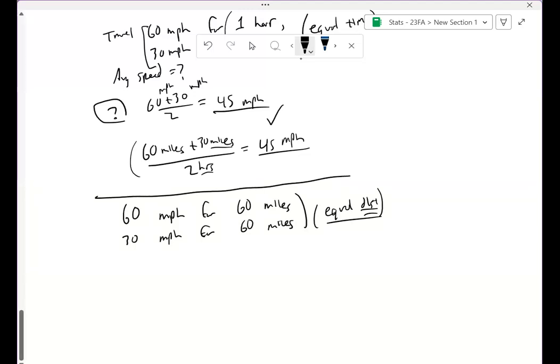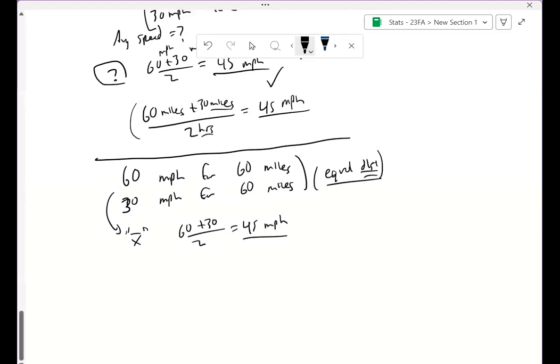If I do the same thing, do I get the right answer? Well, my X bar is 60 plus 30 over 2 is 45 miles per hour, seemingly for my average speed. Is this consistent with what actually happened?